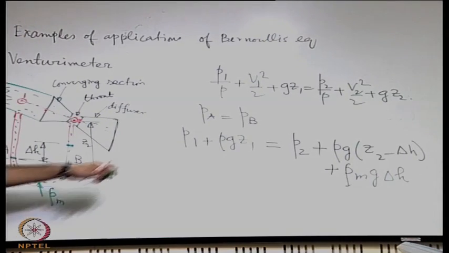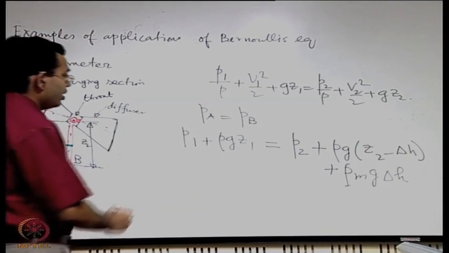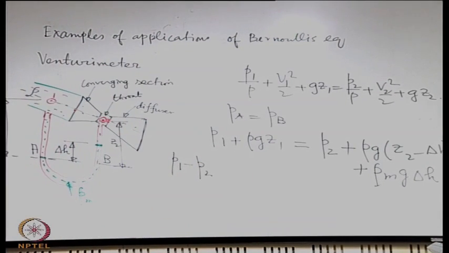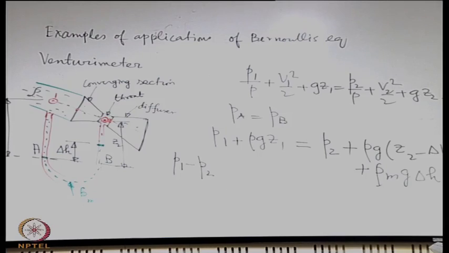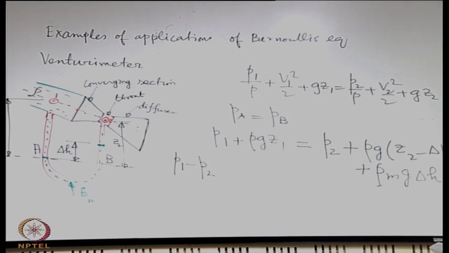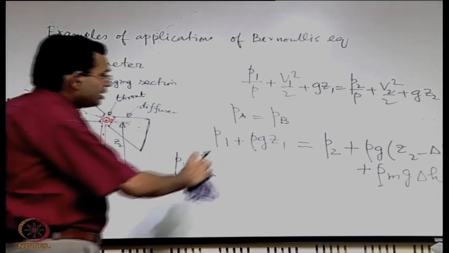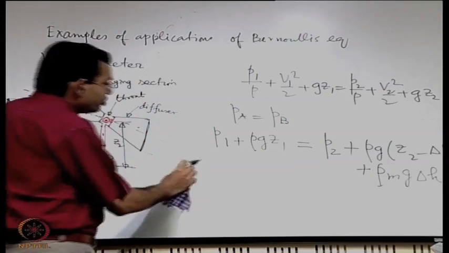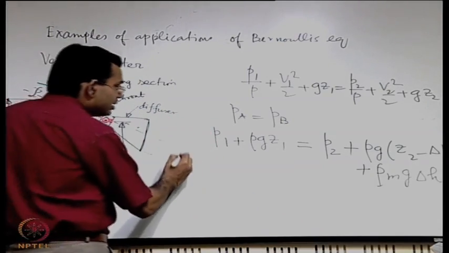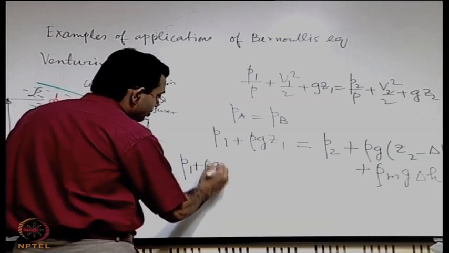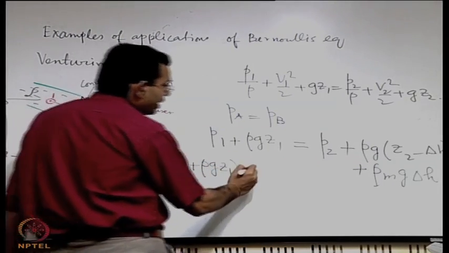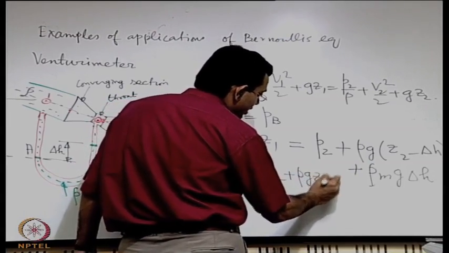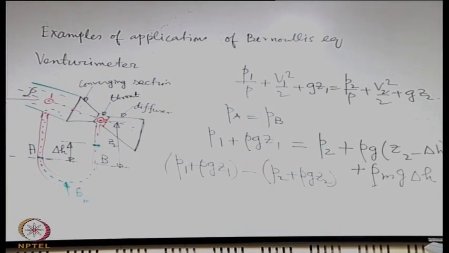So when you are finding out the difference in P1 and P2, P1 minus P2, you see that you can clean up the expression by noting that it is not just P1 minus P2 that is important, you have P1 plus rho g Z1 minus P2 plus rho g Z2, that is what is going to be important.